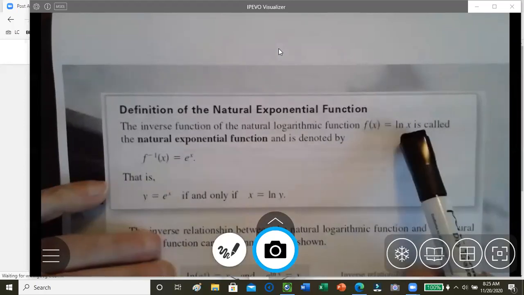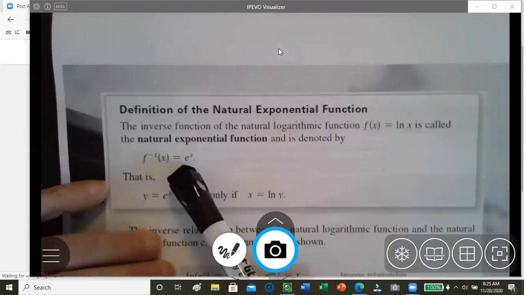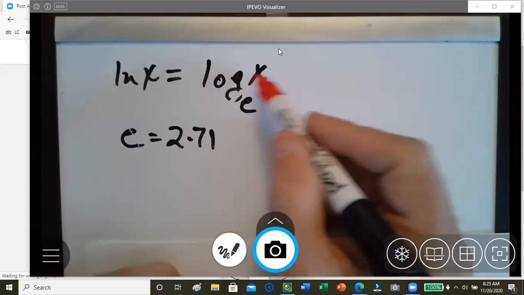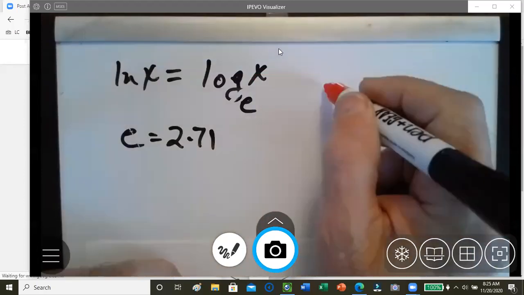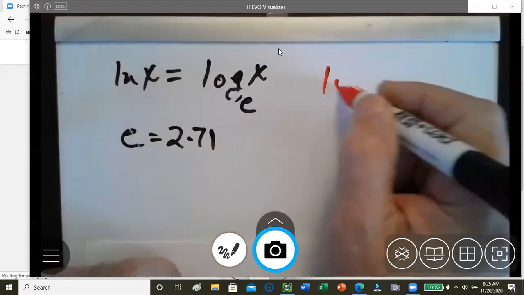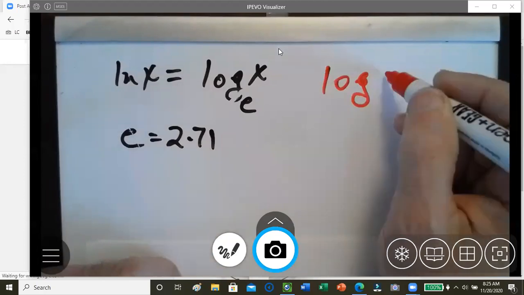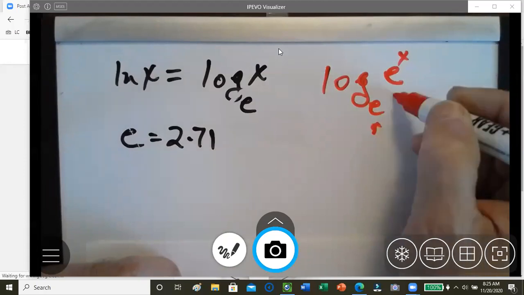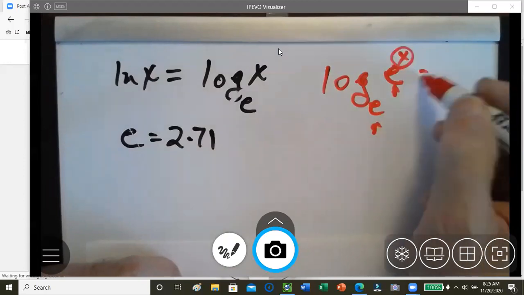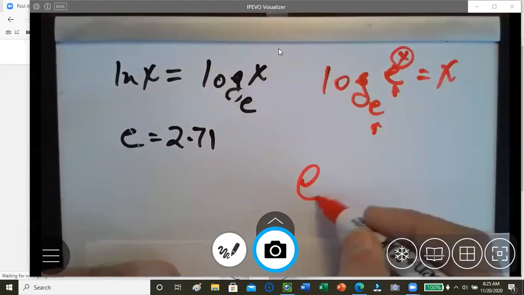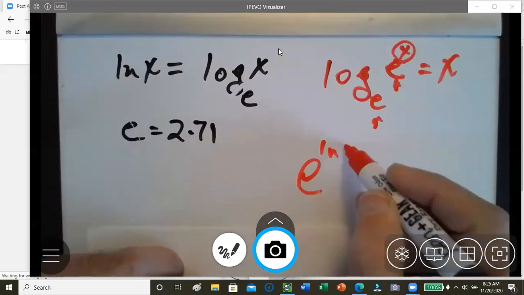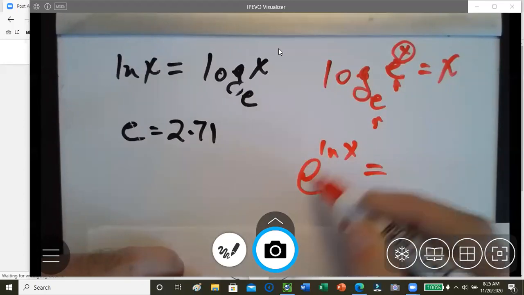So the inverse of natural log is e, called the natural exponential function. So if we took natural log x base e, and if we took log e to the x power base e, these two cancel each other out, we get x. So if we took e to the natural log x power, again, these are inverses, we get x.